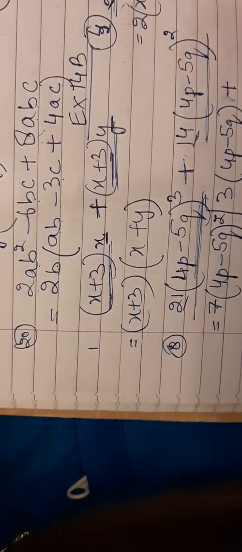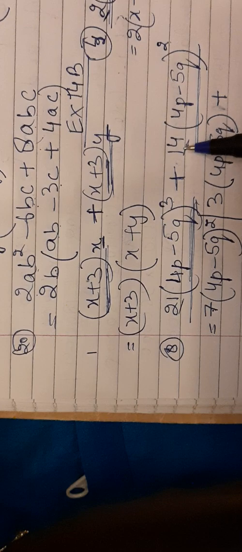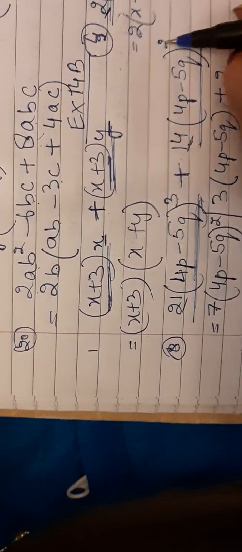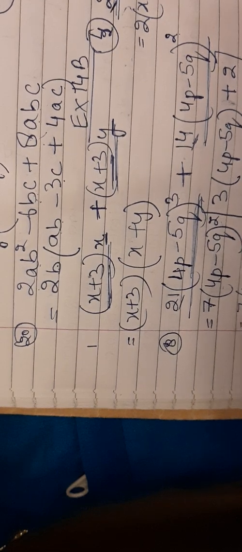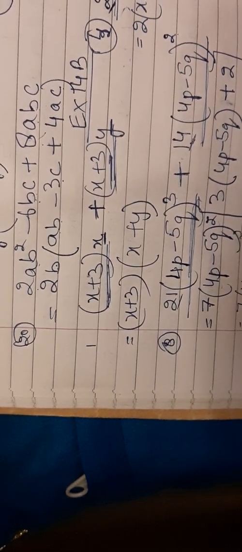Plus 7 2s are 14. It is having power 2 which has been taken common. If you want, you can open it. This you can open further inside the bracket. Don't open this. If you want, you can open it.